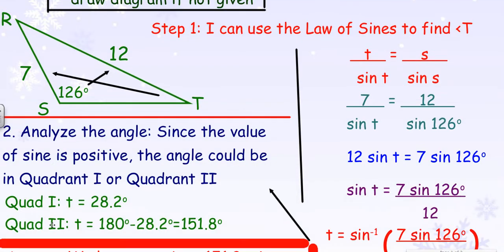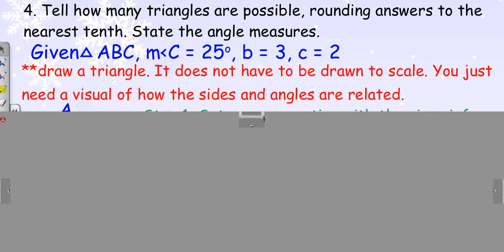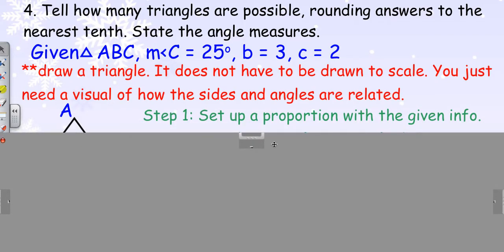The next problem, which is kind of similar, is going to be this one. Again, let me try to minimize a little bit because it can get a little bit overwhelming.